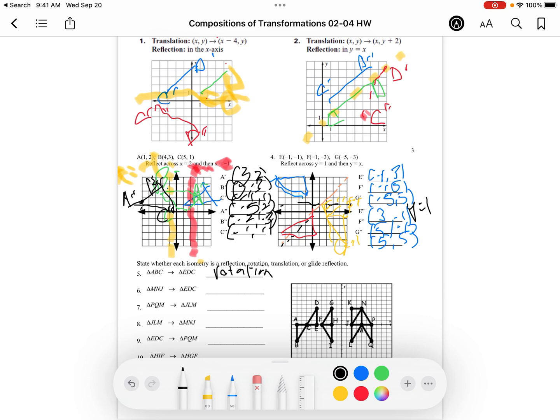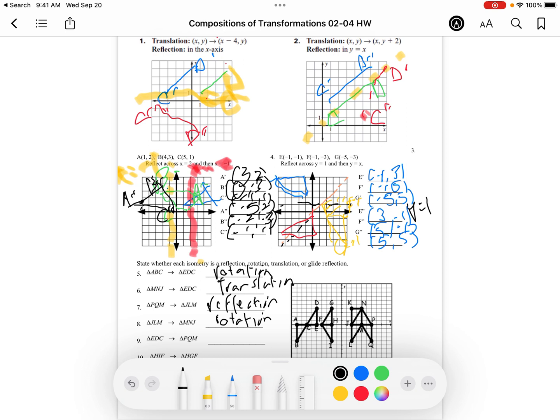And then MNJ to EDC is a translation. We have PQM, JLM as a reflection. JLM to MNJ is a rotation.